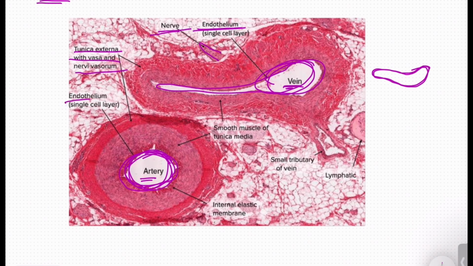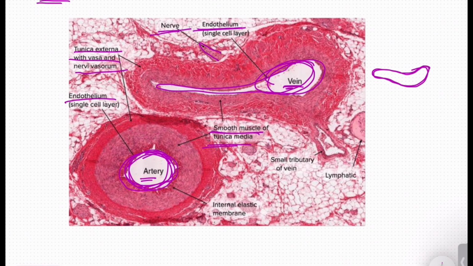Structurally these are the same. The smooth muscles present in the tunica media, the basic layers, that is tunica intima, media and adventitia, are the same in both arteries and veins.